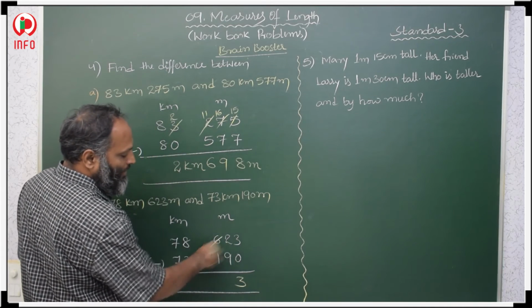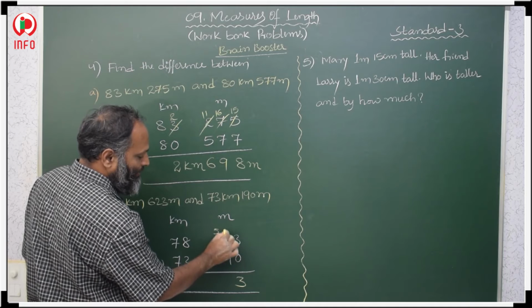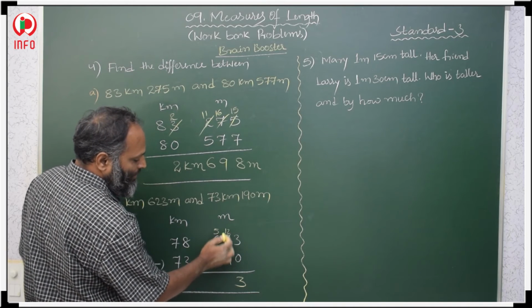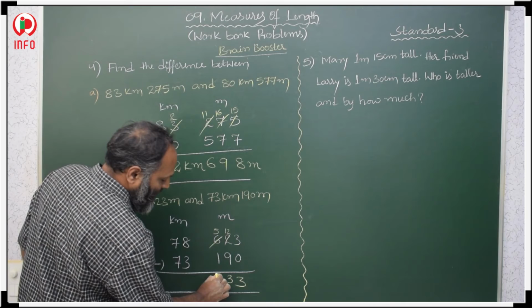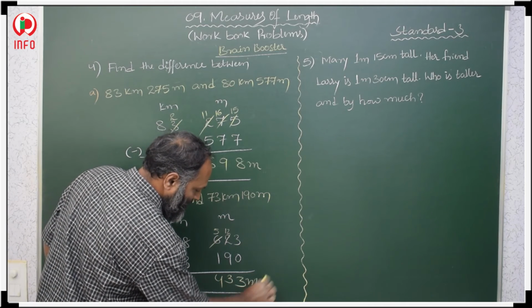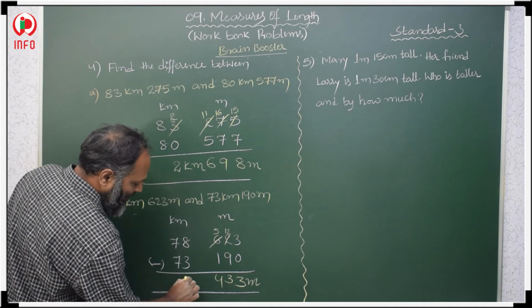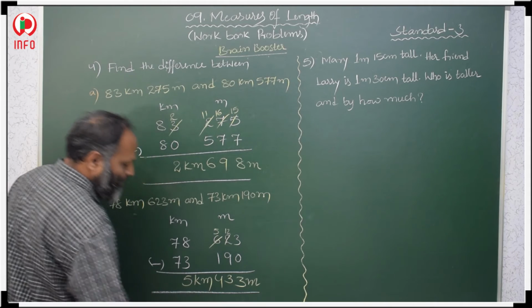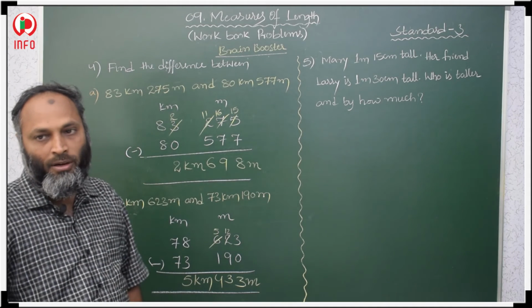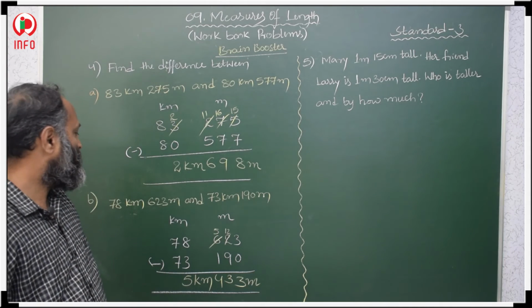Then smaller minus bigger means take borrow, decrease by 1, increase by 10. 12 minus 9 is 3. 5 minus 1 is 4. This is meters. 8 minus 3 is 5. 7 minus 7 is 0. No need to take. 5 kilometers 433 meters. This is the difference.